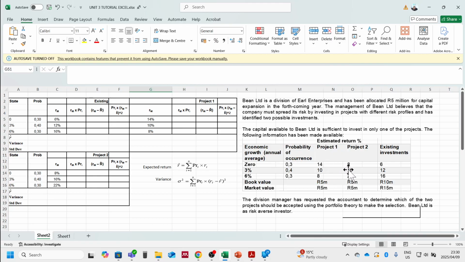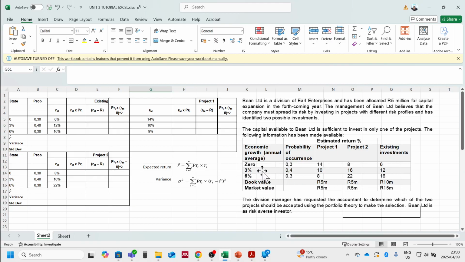So we've got these two projects and we can only invest in one of them. We've identified the probability that comes with the anticipated return for each project. When economic growth is on average zero, we anticipate the probability of this occurring at 30%, and the anticipated return of project one at 14%, project two at 8%, and the existing investment at 6%.